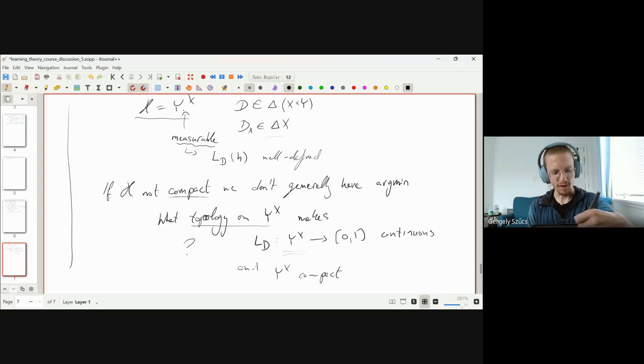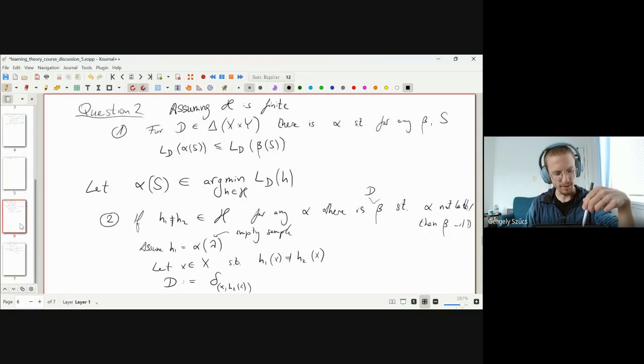and if this whole space is compact, then the hypothesis class itself is compact. And of course, if X is finite, then any subset of all the functions is also finite, so we can still take the argmax over the hypothesis class as Adi mentioned.